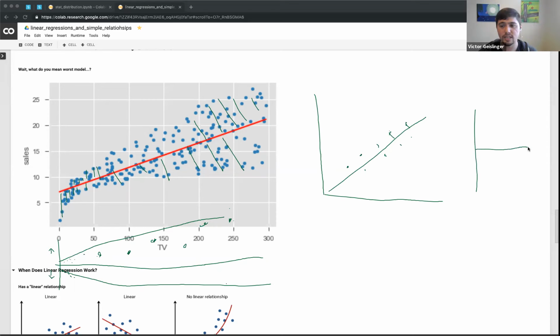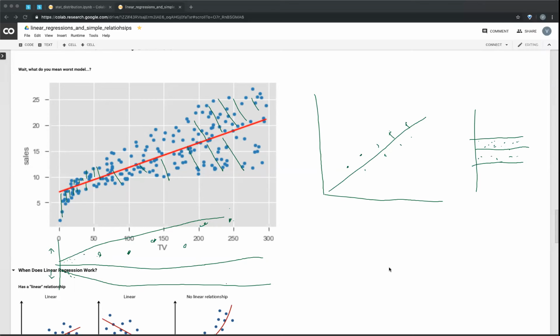Your residuals are essentially the same, the same spread throughout the whole range. And that's what you'd want: something essentially randomly scattered versus an actual pattern. That makes sense?